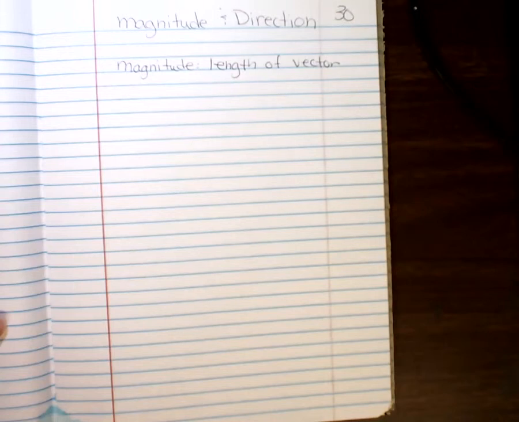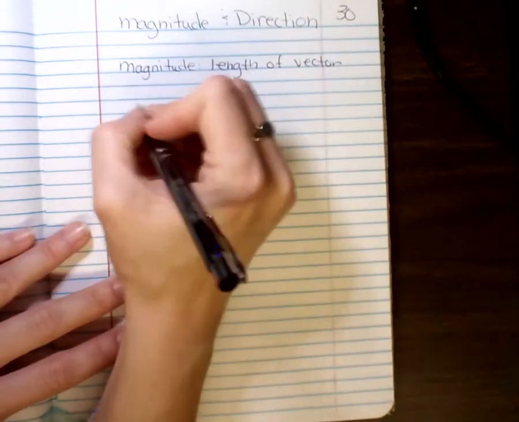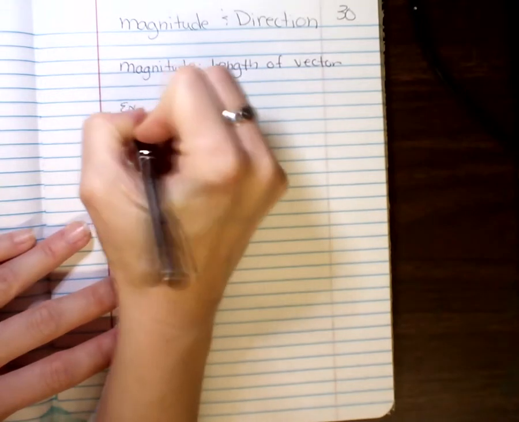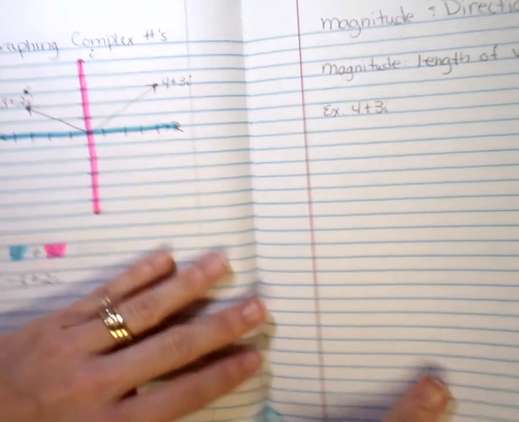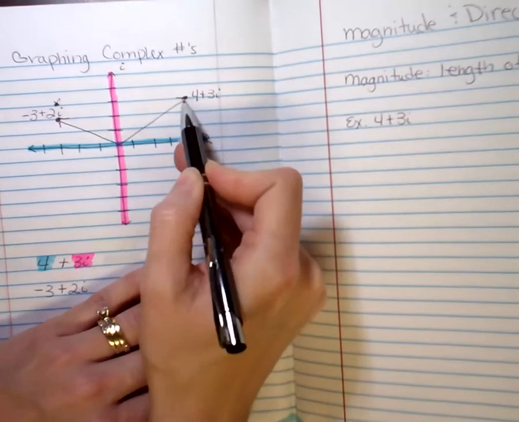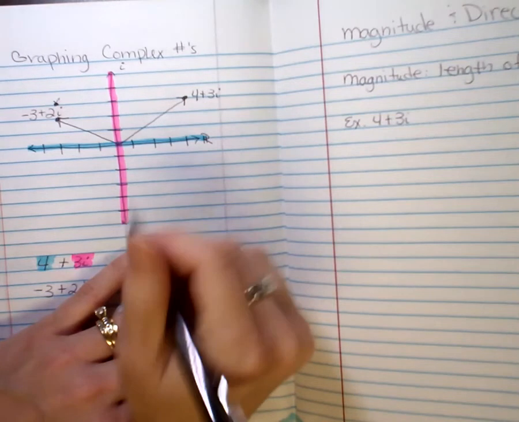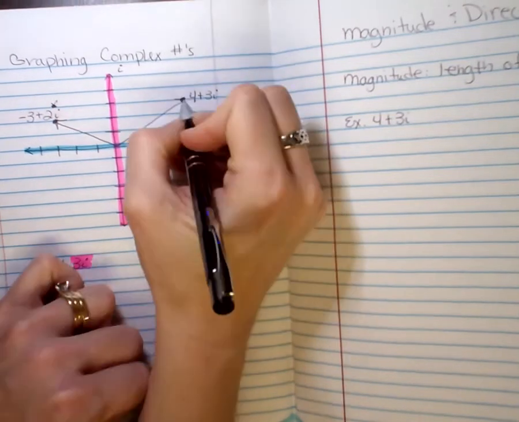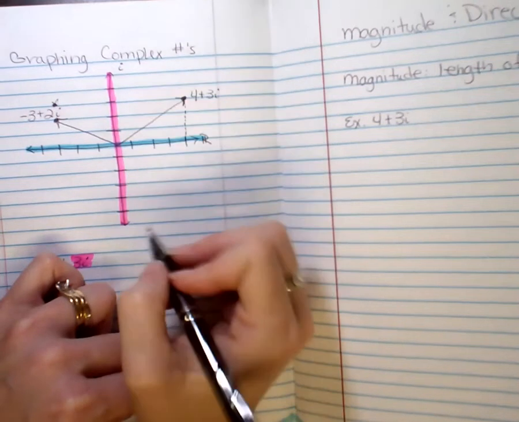And in order to find the magnitude for a complex number, let's use the example 4 plus 3i, which we graphed on page 29. So if we are looking at this vector to 4 plus 3i, if we want to find the length of that line, we're going to draw in a right triangle.